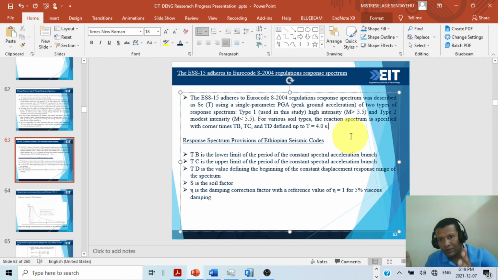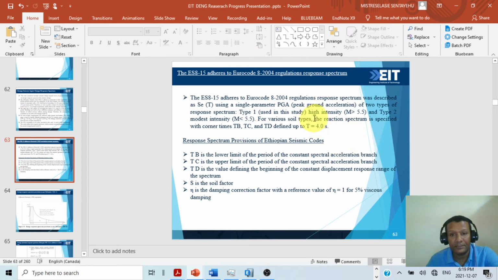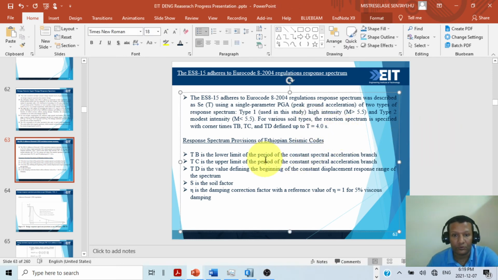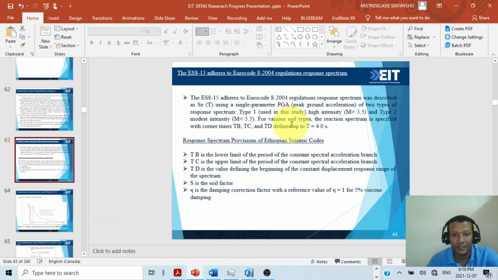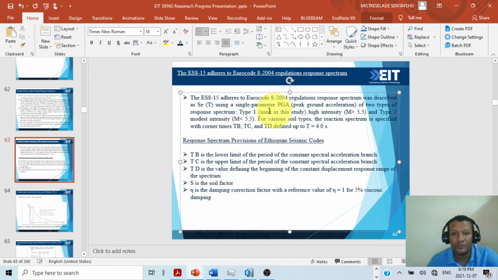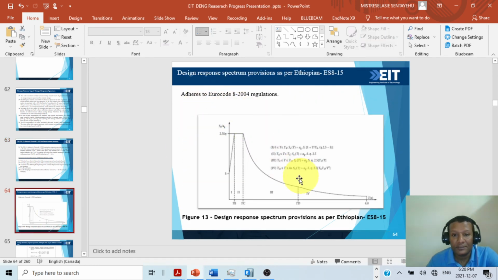But for the longer period, which is in our design response spectrum, we will call it the constant displacement period. We will use the other formula, but ETABS directly calculates that. But we are going to use type 1 code.